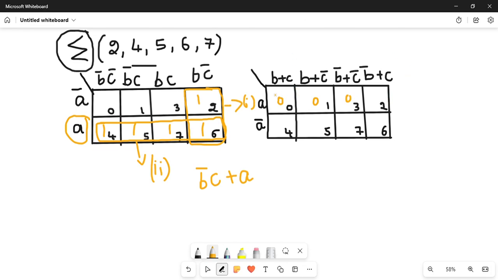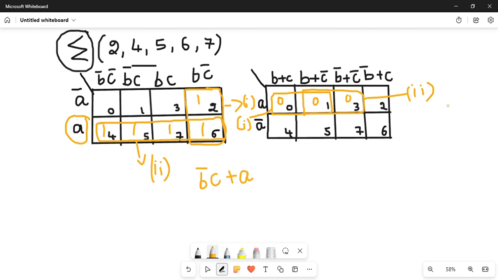Now how do the groups form? Here a group of 2 comes into existence. So these are the groups. This is group number 1, and here it is group number 2.